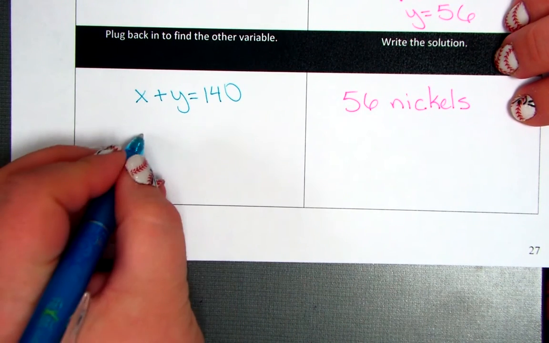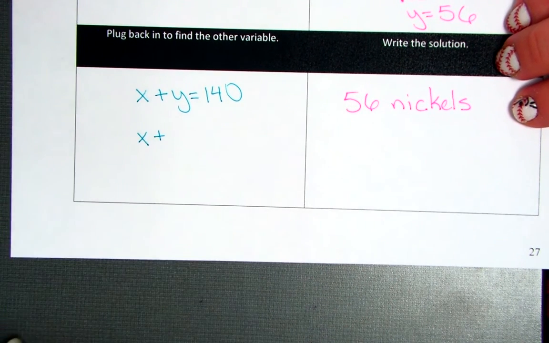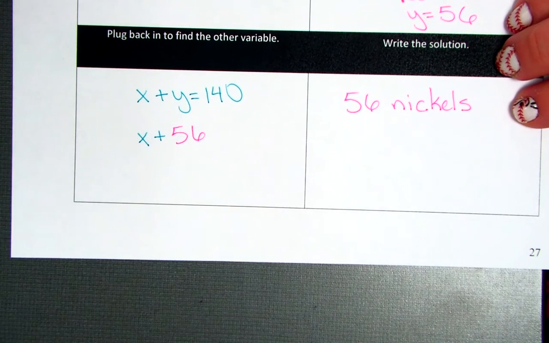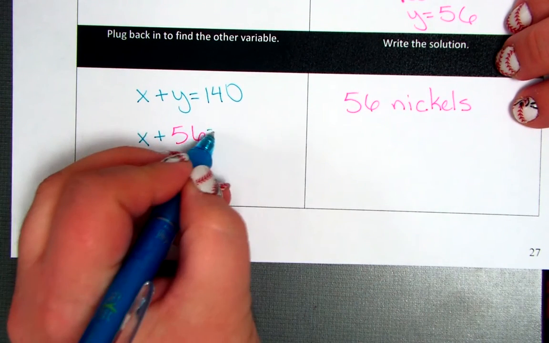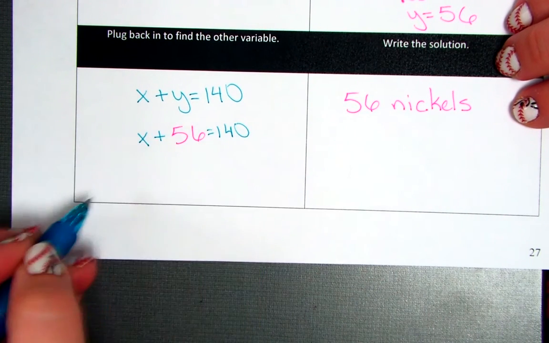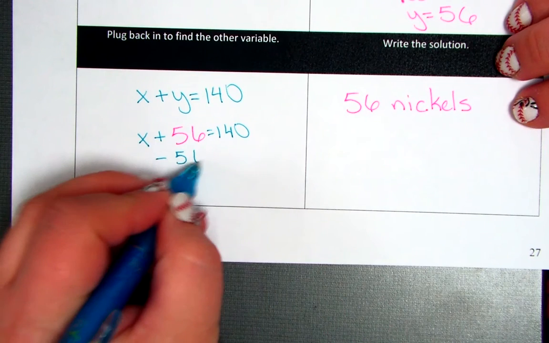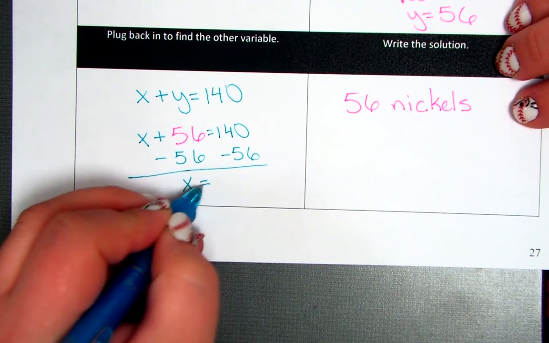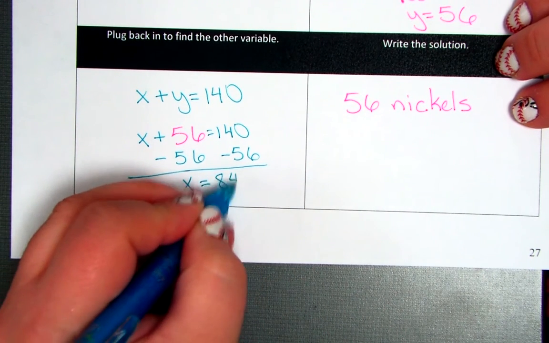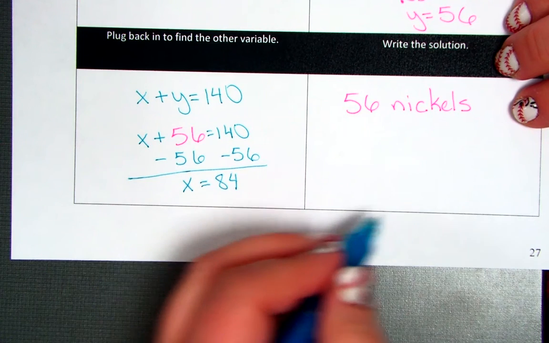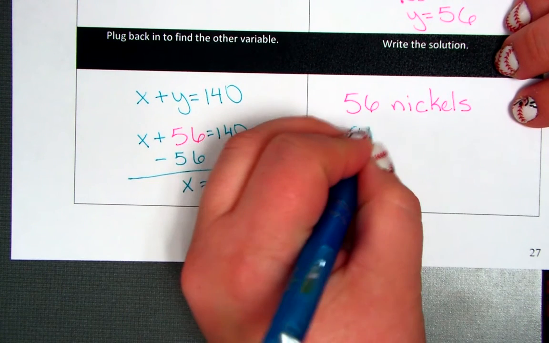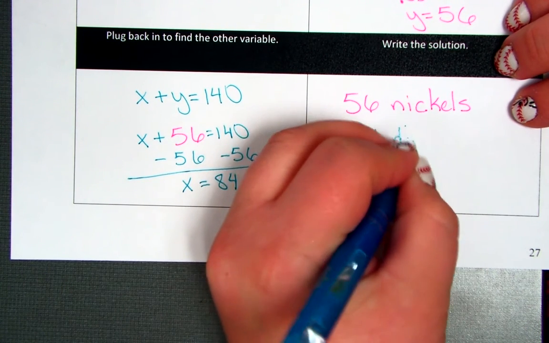And we're going to plug in 56 for y. Subtract 56 from both sides, and we get that x is equal to 84. That means if x is the number of dimes, that there are 84 dimes.